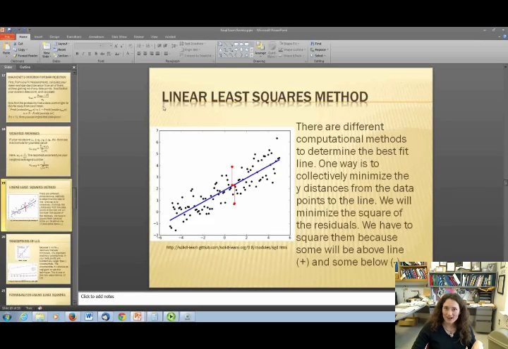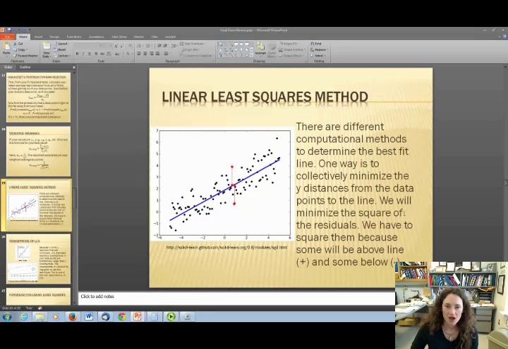Another kind of turn-the-crank method is linear least squares. So it's important to understand, though, that there are several different computational methods that can be used to find a best fit line. Okay, linear least squares is the most common, but it's not the only one. So what you do in linear least squares is you have a data set.